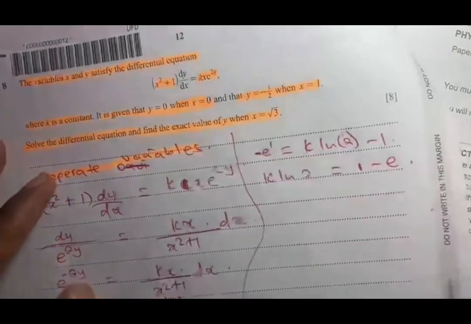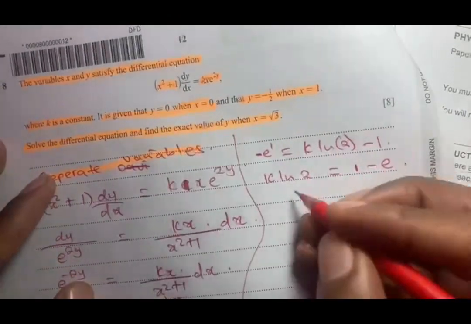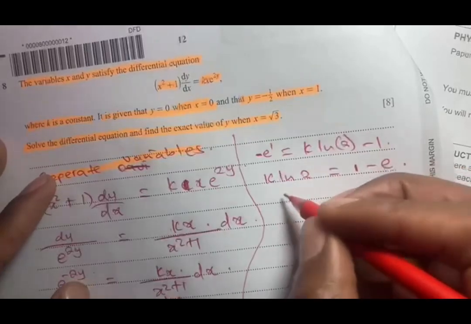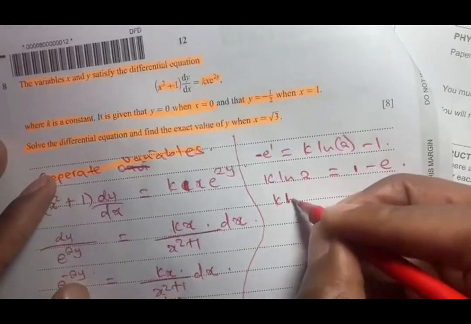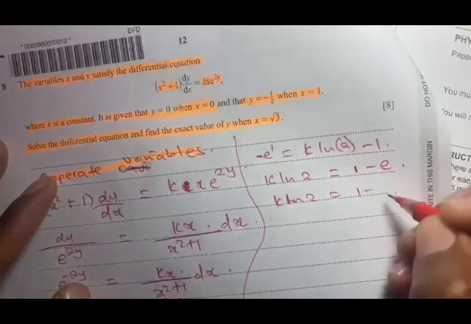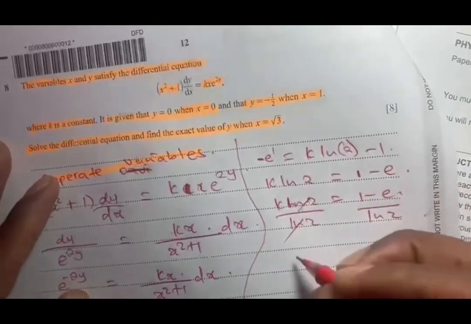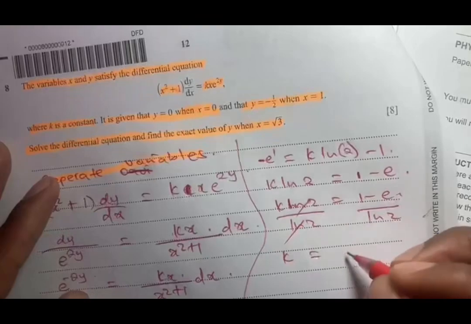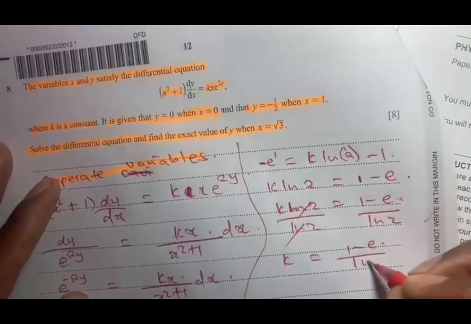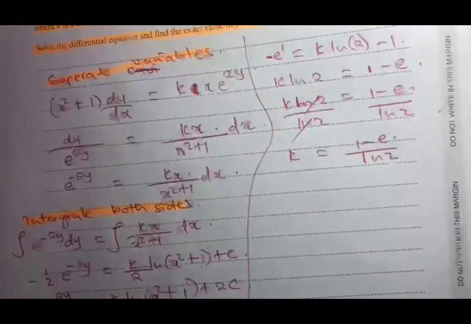Making sure that you get the formula, then divide by ln t. So k will be equivalent to 1 minus e over ln t. Alright, that's the value of k.